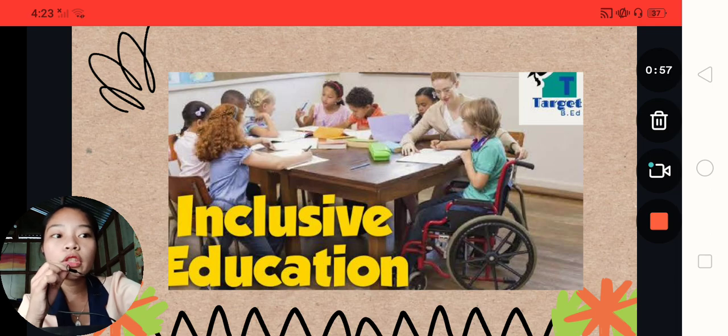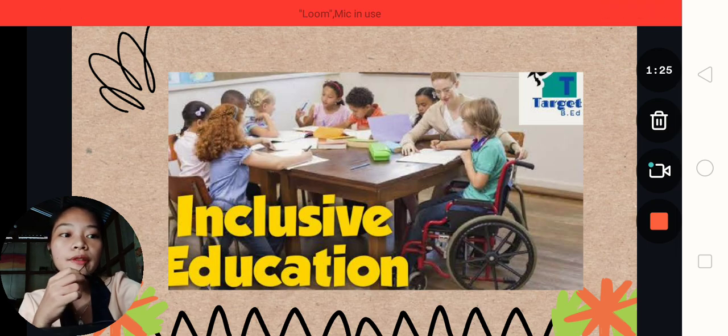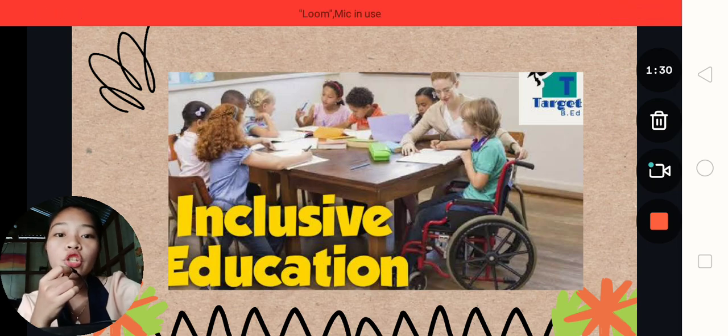It also implies that all children join in, are enrolled by their local schools, and are appreciated in regular classes, and are given full opportunity to learn, contribute, and take part in all parts of the existence of the school. This should apply to all students regardless of their physical, intellectual, social, emotional, linguistic, or other conditions.